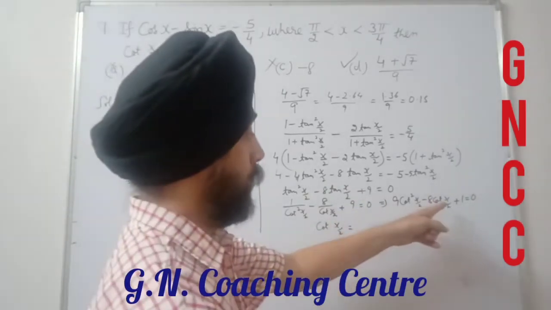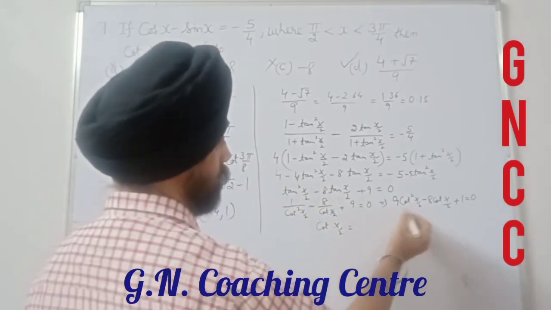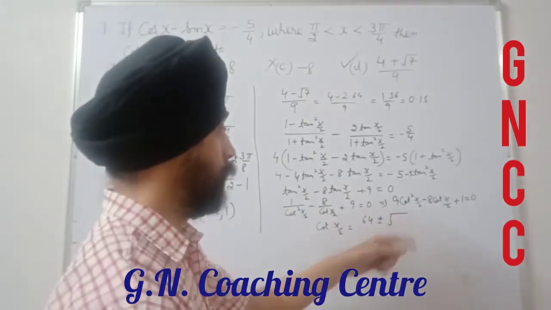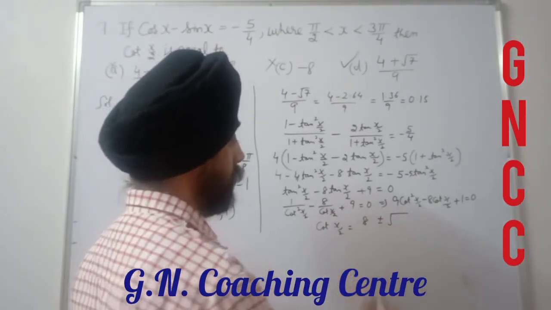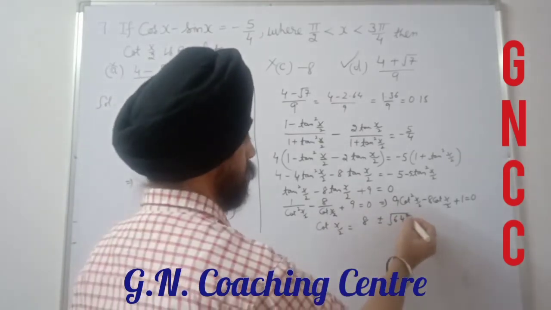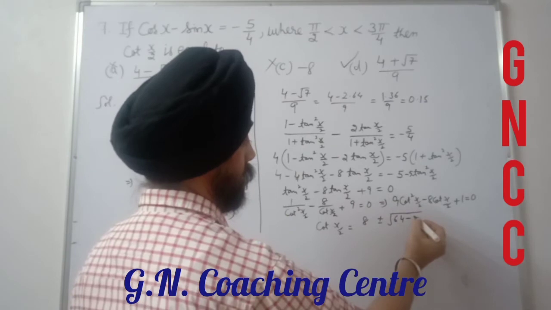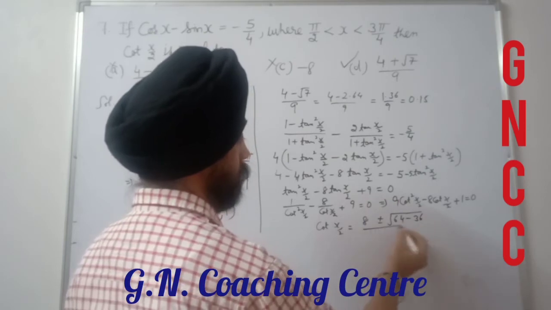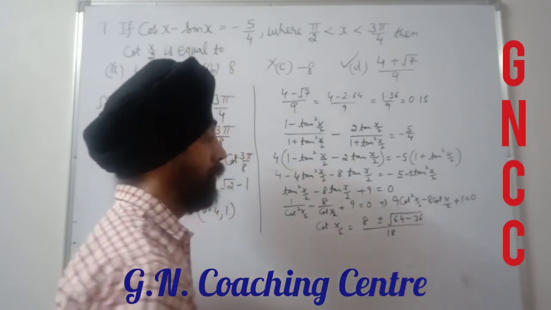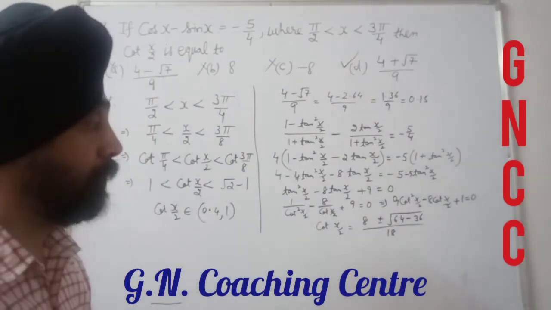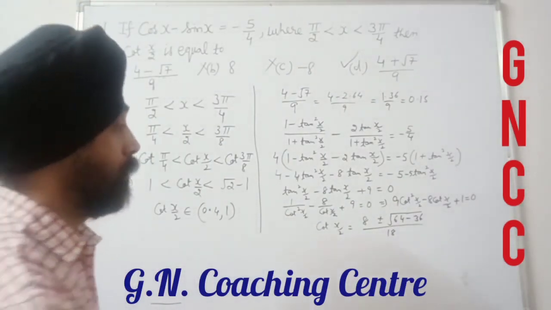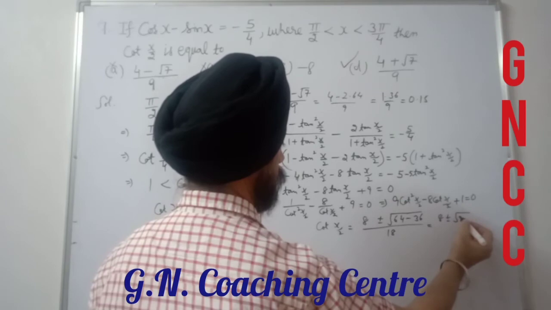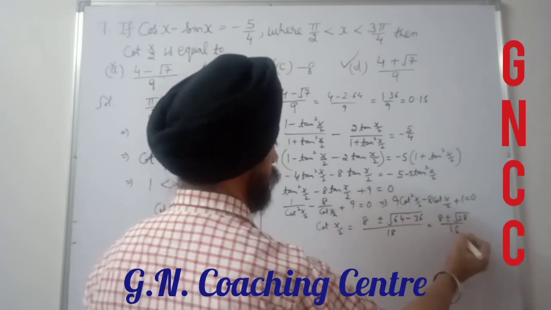I will get cot x by 2 equal to minus b plus minus square root of b square minus 4ac over 2a. This is 8 plus minus square root of 64 minus 4 into 9 into 1, which is 28, over 18.